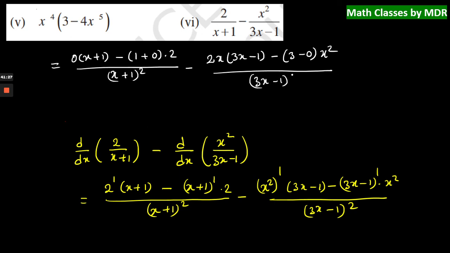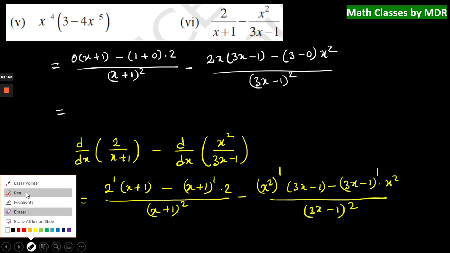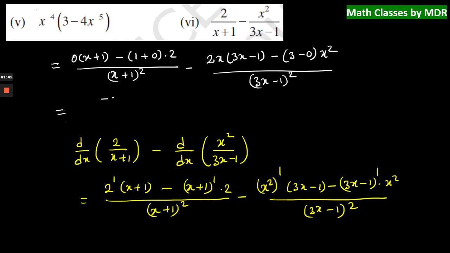Now on simplifying this, what will we get? (x plus 1) into 0 is 0, so we'll have only minus 2 by (x plus 1) whole square. For the first term derivative, 2x into 3x is 6x square, minus 2x, minus 3x square.